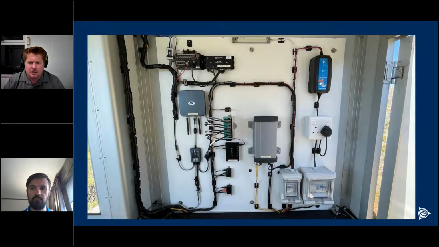And if the batteries are fully charged, this charger will actually just operate as a power supply to all the electronic devices. And then this black device over here is our Ubiquiti edge router. So that creates a VPN link between all the devices here at the dam and the server which sits in our office in Somerset West.